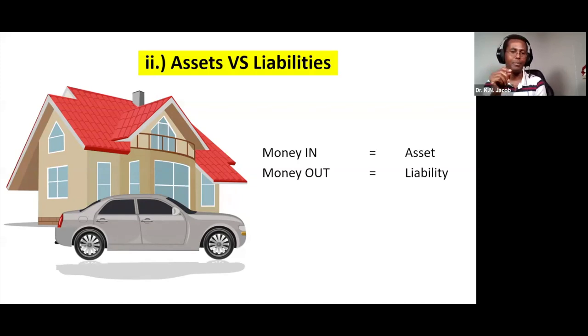If it takes money out of your business, it's a liability. Now, of course, from accounts, general accounts, house is an asset. Not so in business intelligence, not so. So if I'm running a business, but I'm paying $2,000 mortgage every month, that's a liability to my business. It's a liability to my business.